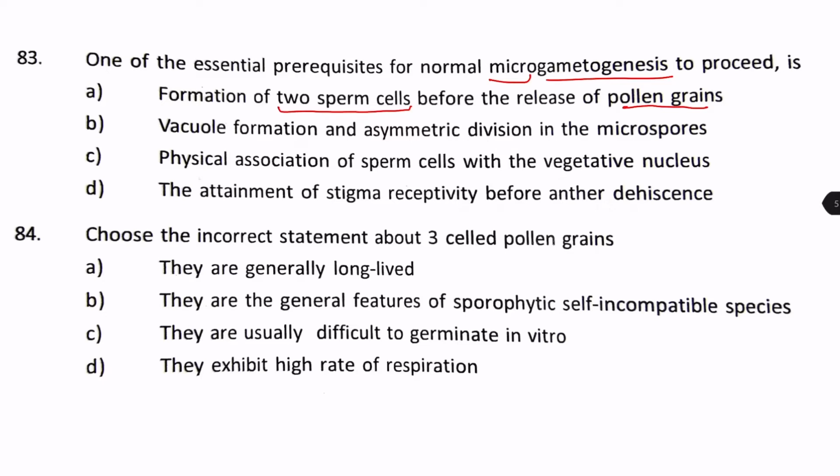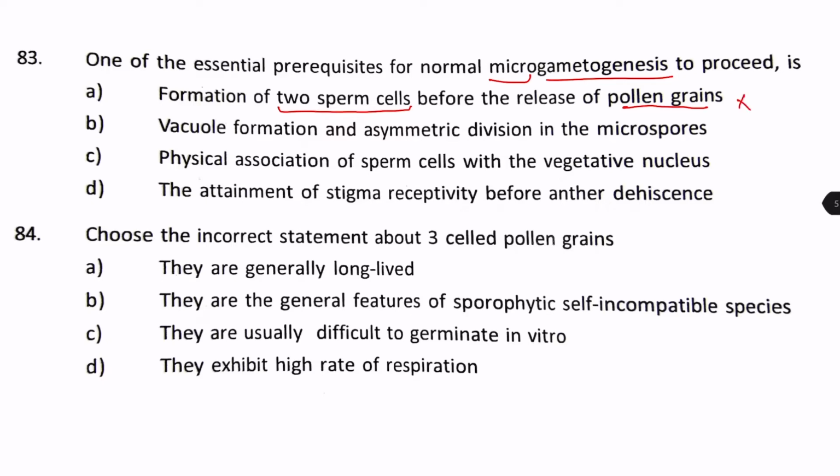Do we always require the sperm cells, the male gametes, to form before the pollen grain is released? No, there are plants whose pollen grain, after release, the generative cell gets divided into two sperm cells, right? So this is not an essential prerequisite.